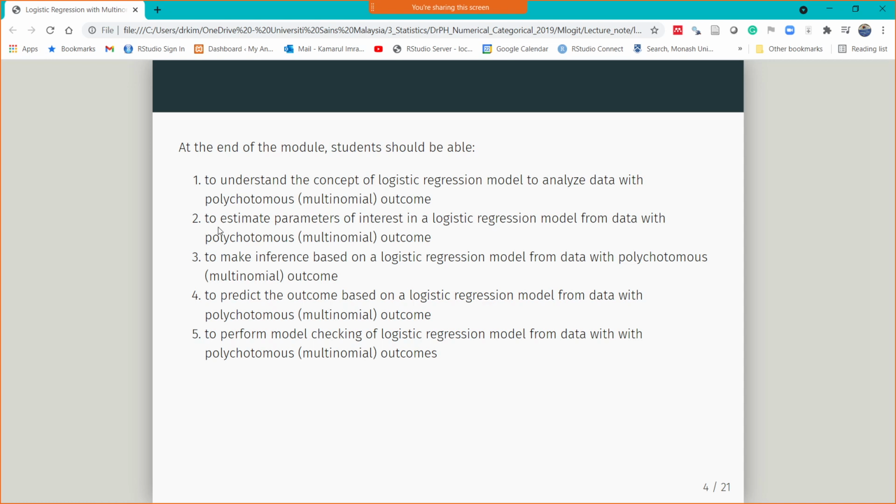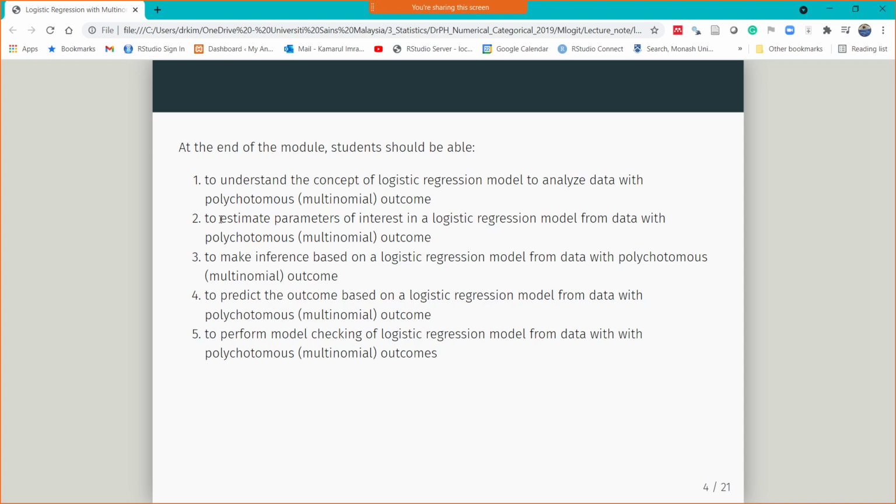Number two, to be able to estimate parameters of interest, which in our case are the beta coefficient, the standard error, the 95% confidence intervals.